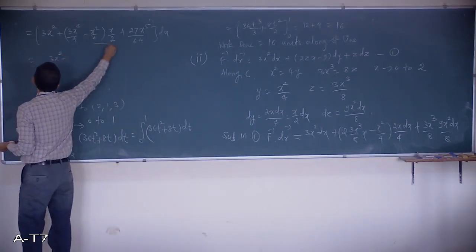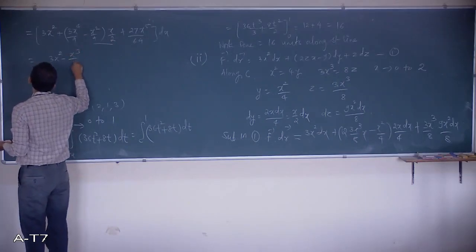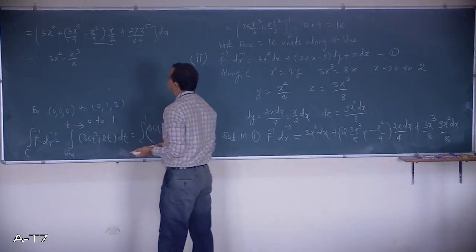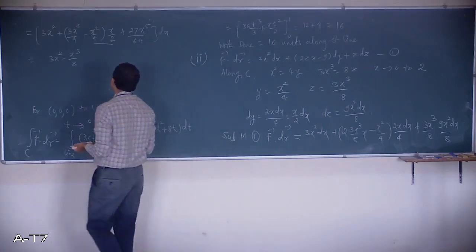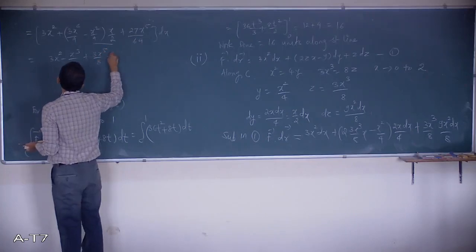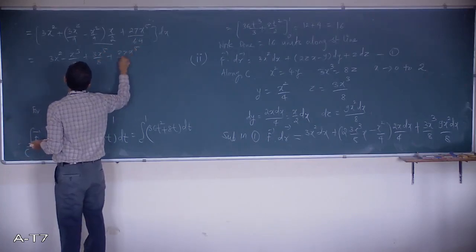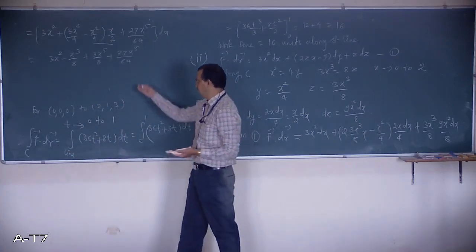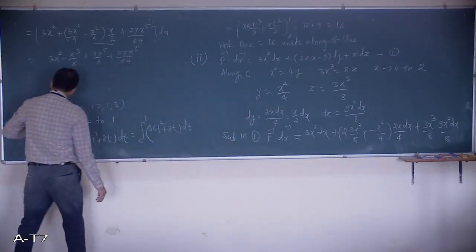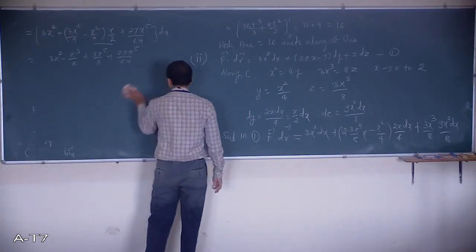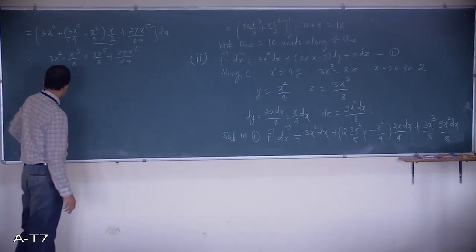I will write this term first, x³/8. Now it is 3x⁵/8 plus 27x⁵/64. If you remove 8, if possible it is good, but it is not going to go because 27 is not divisible by 8. So you can take LCM as 64 and then simplify.